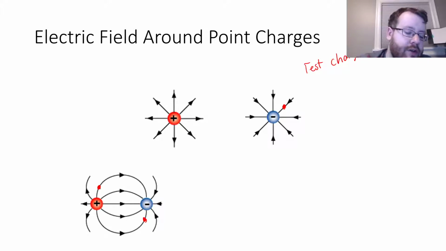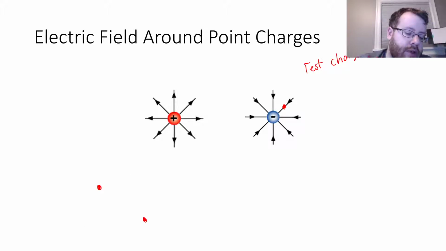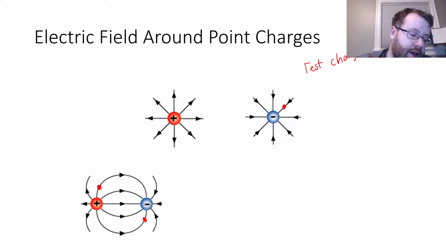So a positively charged particle that's resting right here would get pushed this way, and if it was over here, it would be pushed this way. Now, it does not mean that it will actually follow the path. It would not actually go up and around and back that way.